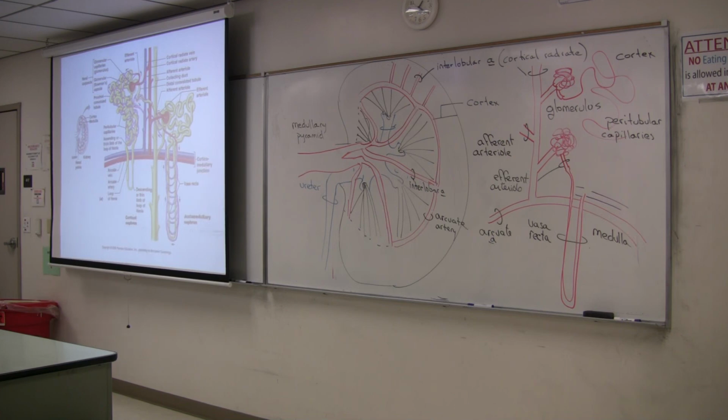So again, on Tuesday, we're going to come back and talk about these same structures again and what they do. So we'll look at the kind of epithelium that forms the kidney structures and what they do and how they do it. Okay. So can I erase the kidney, the big kidney?